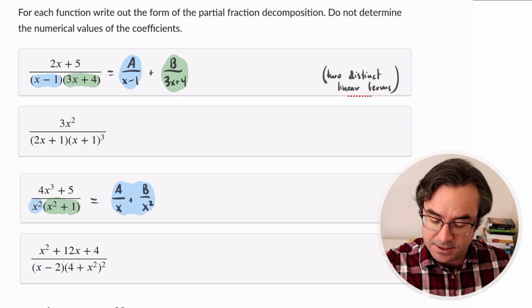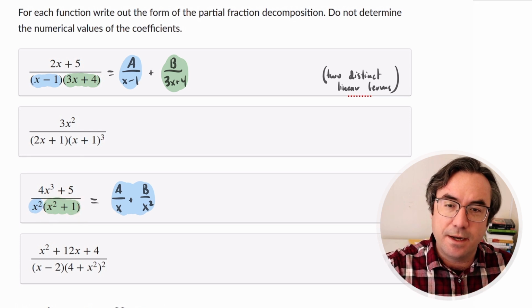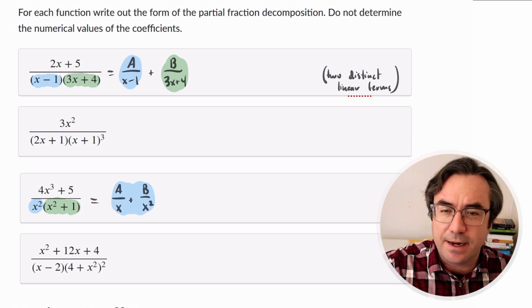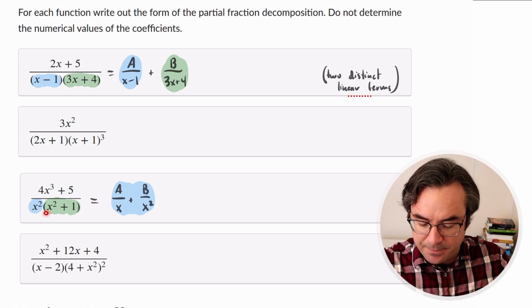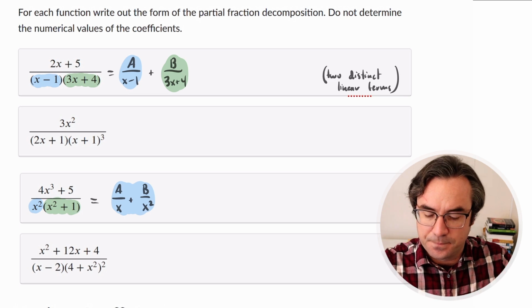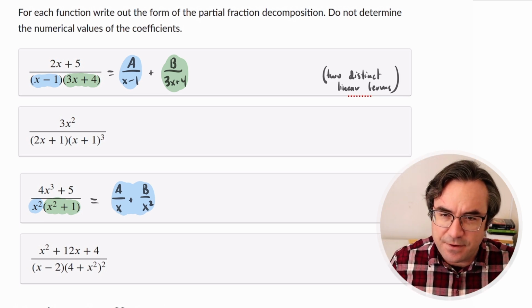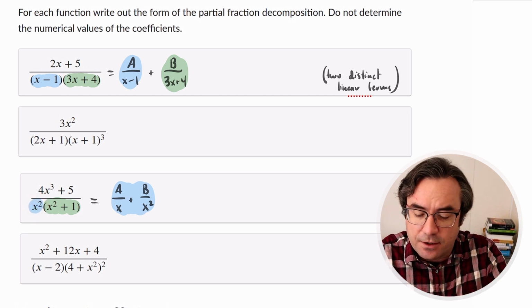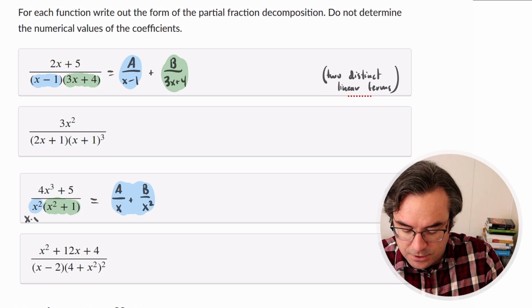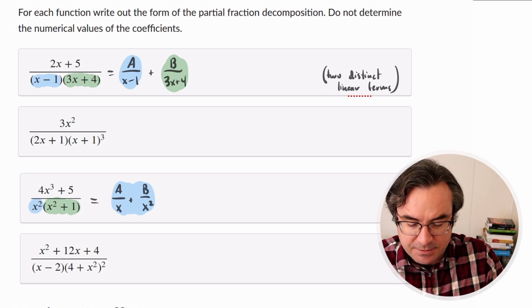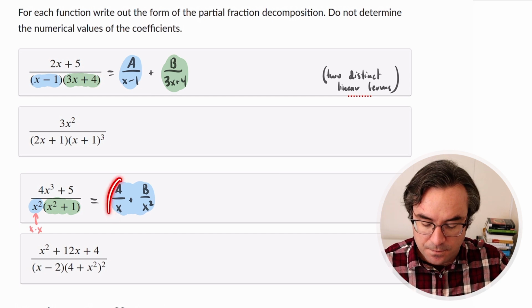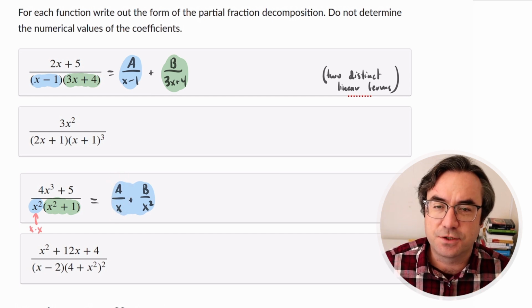Now the difference, this x squared plus 1, is an irreducible quadratic. So this can't be factored any further. This x squared here, that one we could actually factor. You could think of that as x times x. So we got two fractions from that.